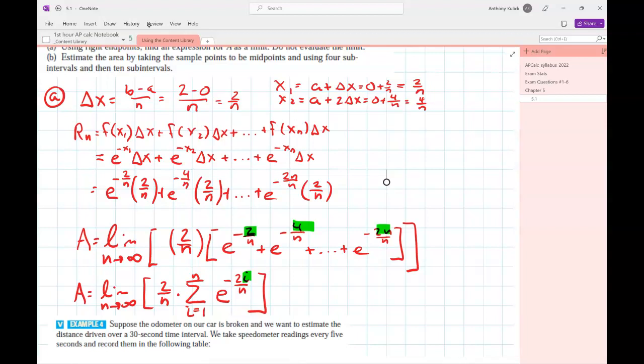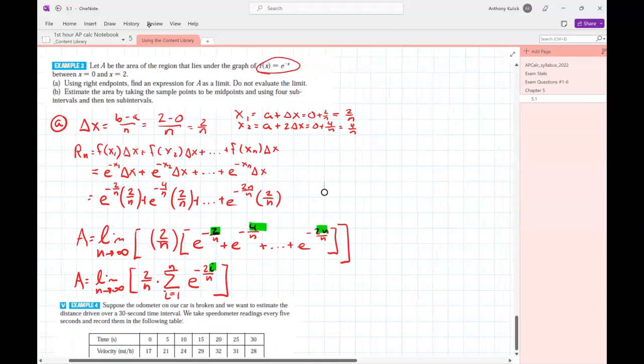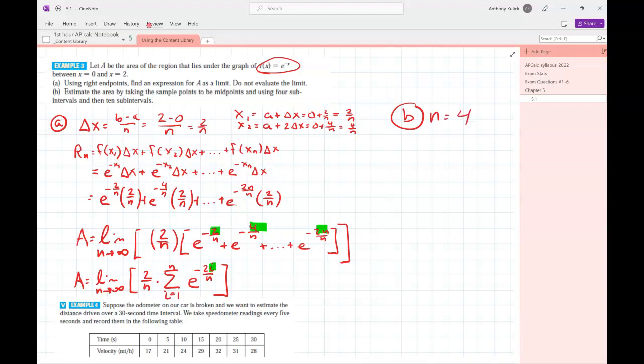Okay, part B says estimate the area by taking the sample points to be midpoints and using 4 subintervals and then 10 subintervals. Okay. So we'll do 4 first. What's the tricky part here going to be?